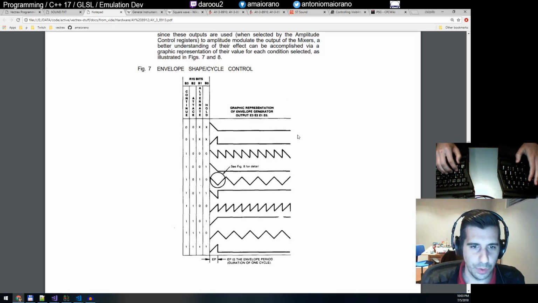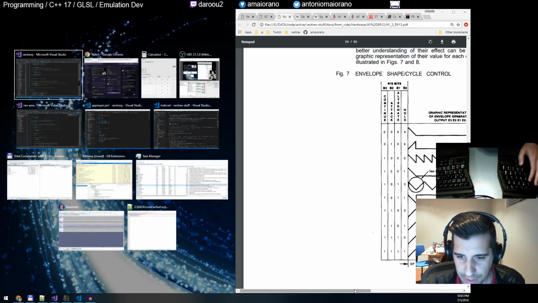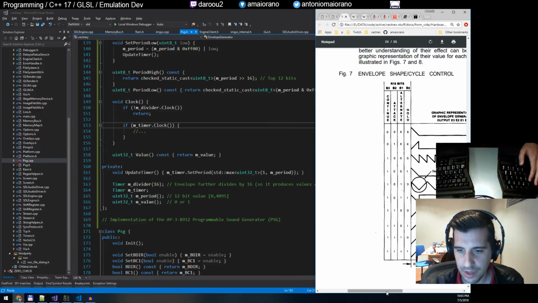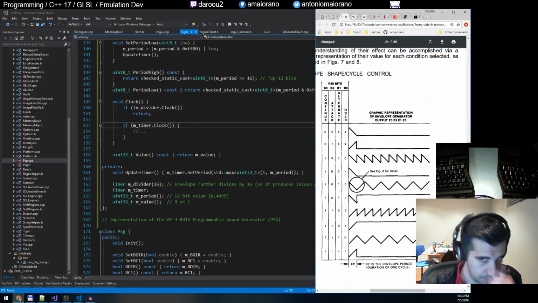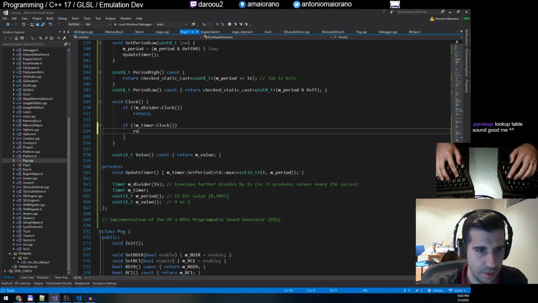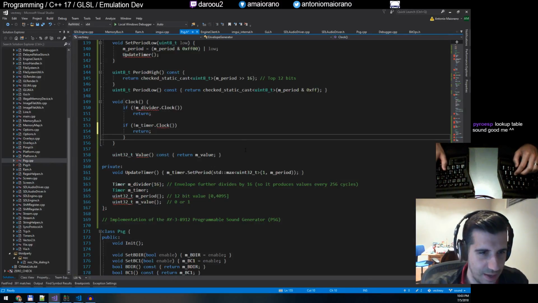Okay, so what will this table look like? It'll be kind of like this. Let me put this over here. Lookup table sounds good to you? Sold.